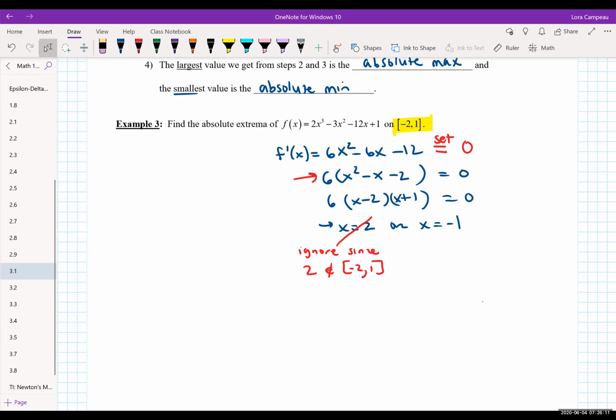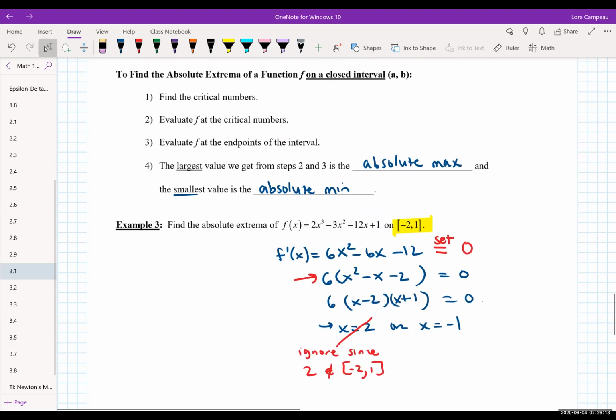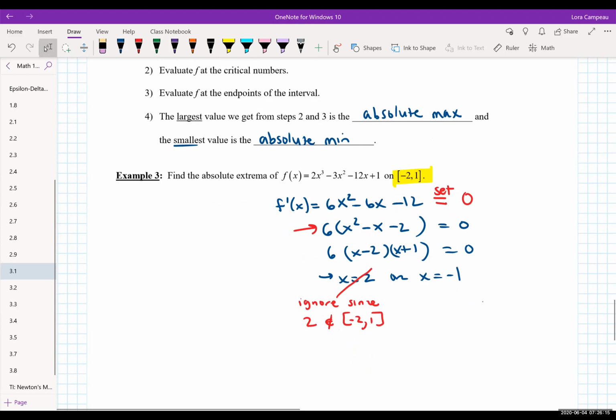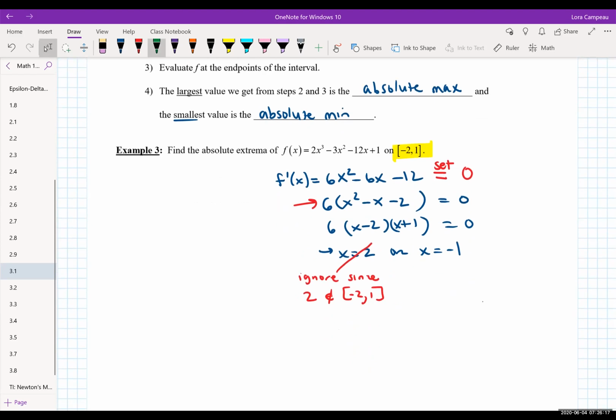So a lot of times I'm still looking at step 1. I found the critical number. Okay, so note x equals negative 1 is a critical number. So that was all part of step 1.